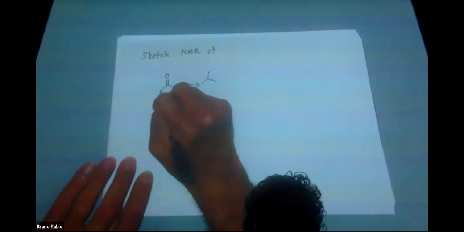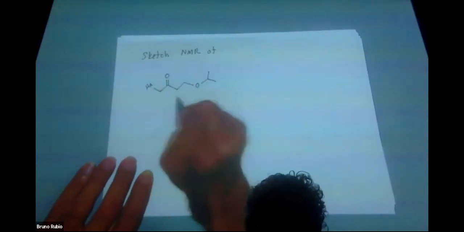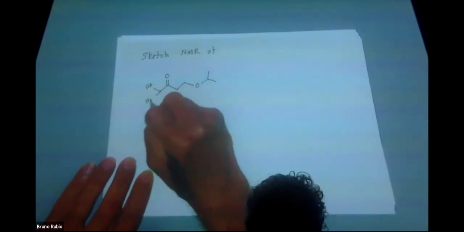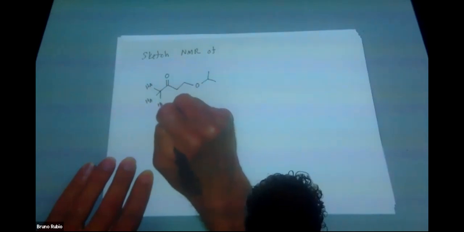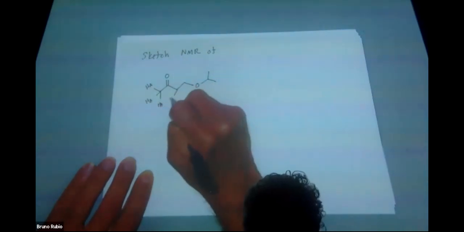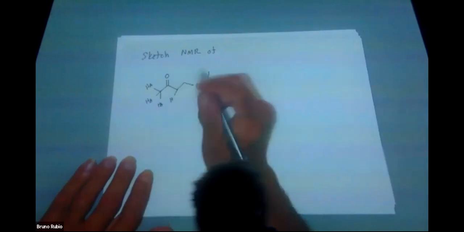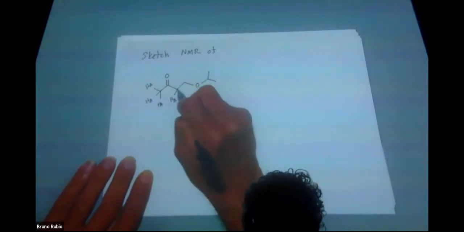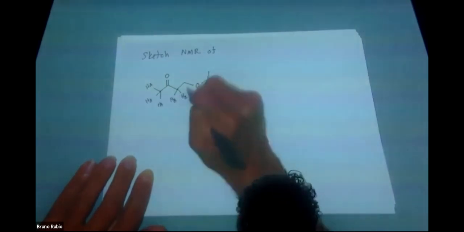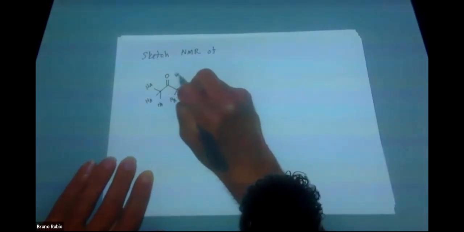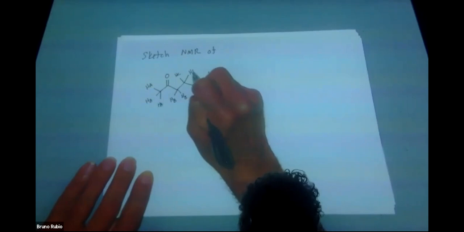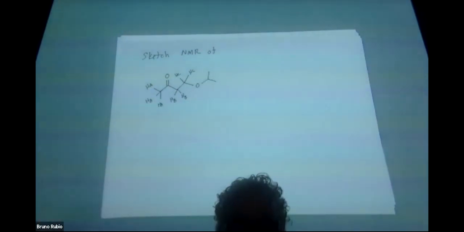So we have the HA, that's a methyl group. They're all equivalent to each other. Here we have the HB. This is a CH2 group, but I don't see any chirality centers anywhere, so they're equivalent to each other. Here we see the HC. Again, it's a CH2 group.